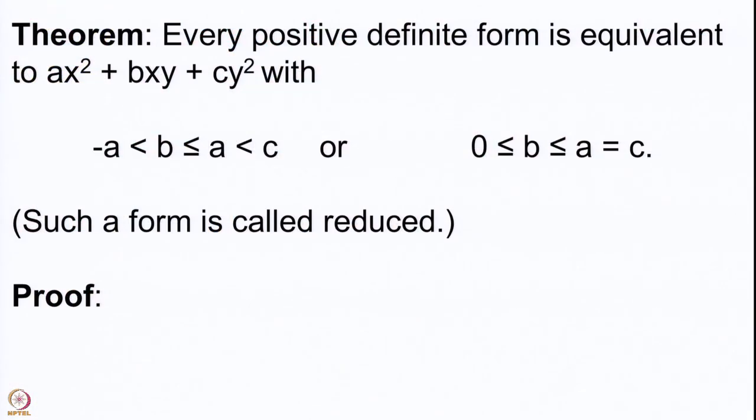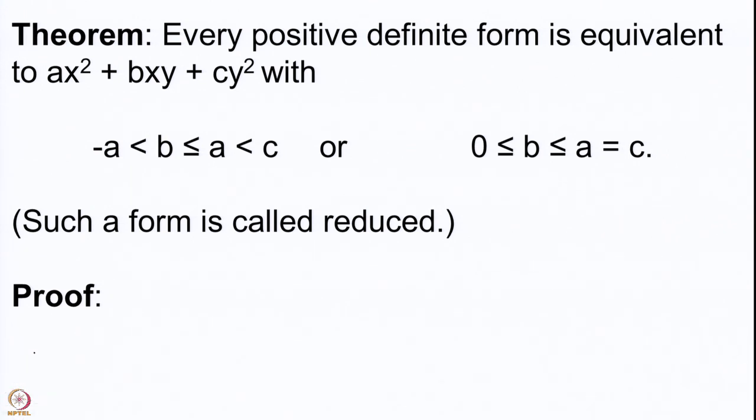The earlier transformation, the transvection, would allow you to change b with respect to a, and this allows you to switch a and c with a sign change at b. Having these two transformations in our kit, let us go and prove one very nice result. This result says that every positive definite form is equivalent to one satisfying these two very important conditions.